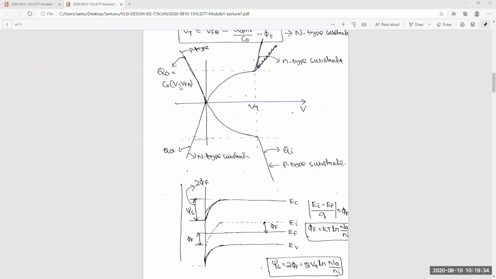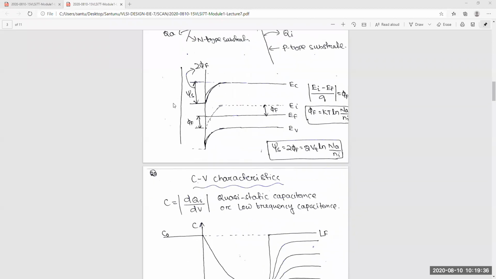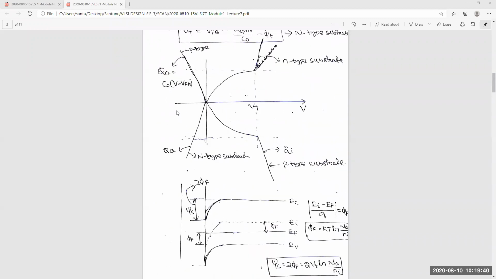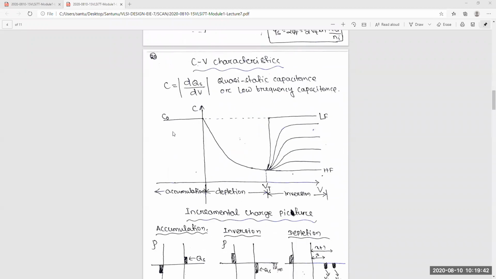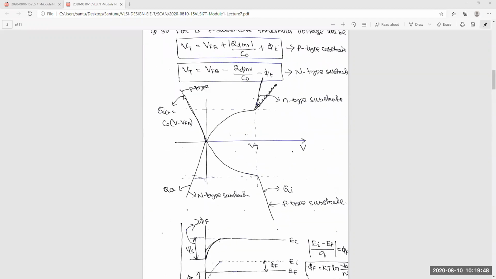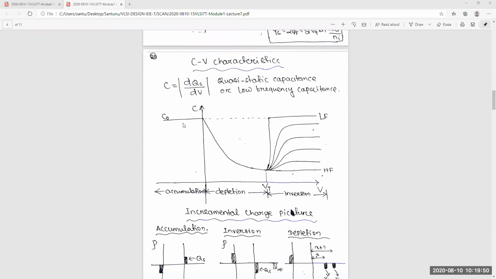Okay, so this is voltage part. So now if you differentiate that thing, so what you will get? It will be a constant or not? C0, because it's a linear part. So if you differentiate, it will be a constant or not? Yes, sir.